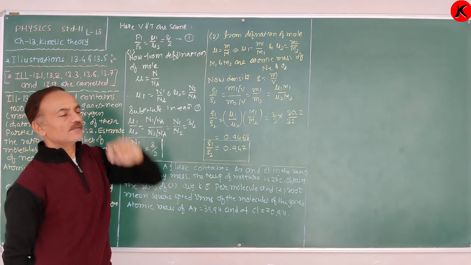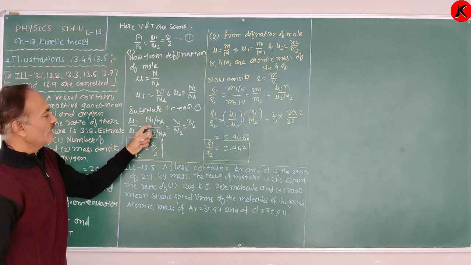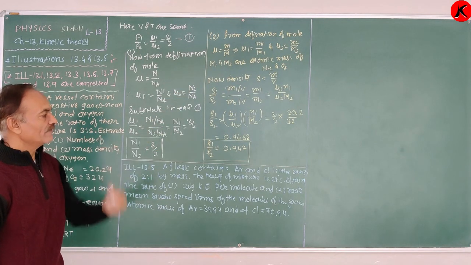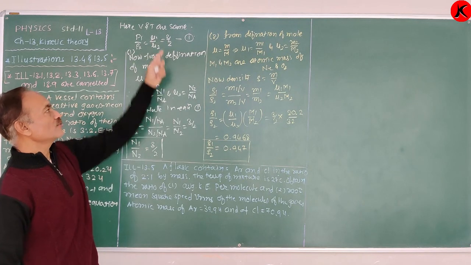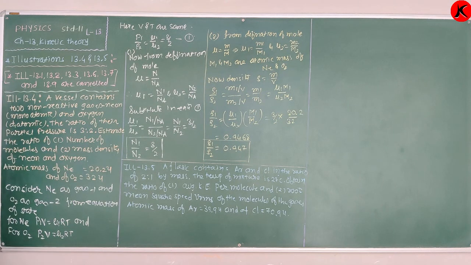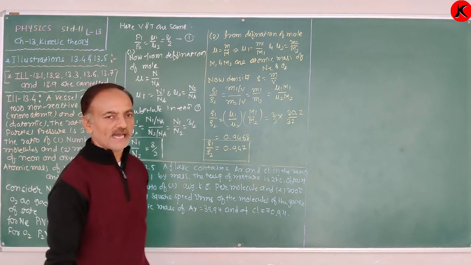Substituting in equation 1, mu1 upon mu2 is n1 upon Na upon n2 upon Na; Na cancels, giving n1 upon n2. But from equation 1, mu1 upon mu2 is equal to 3 by 2. So n1 and n2 are the numbers of molecules in the given gases. Therefore, the ratio of the number of molecules is also 3 by 2.